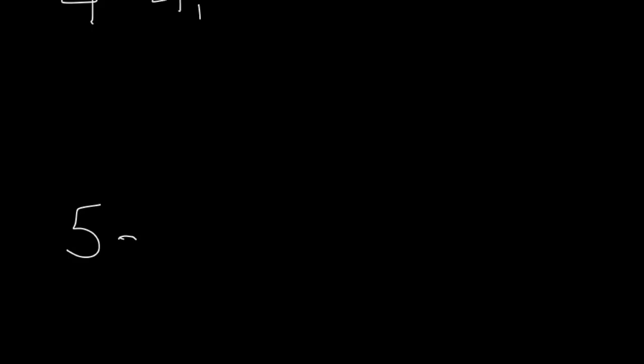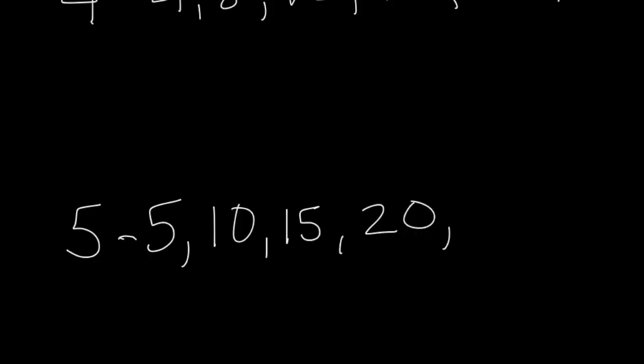So 4, 8, 12, 16, 20, and 24. And the list would continue. So for 5, we'll also skip count by 5s this time, and we'll do 5, 10, 15, 20, 25. And then again, that list would continue.